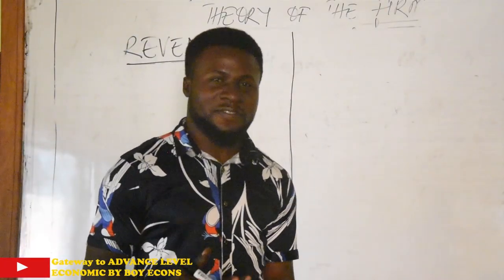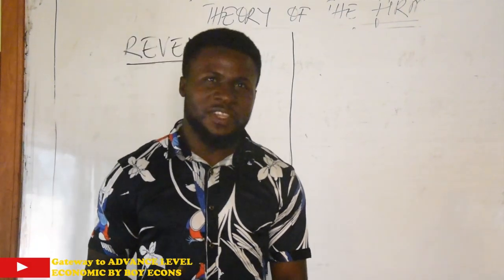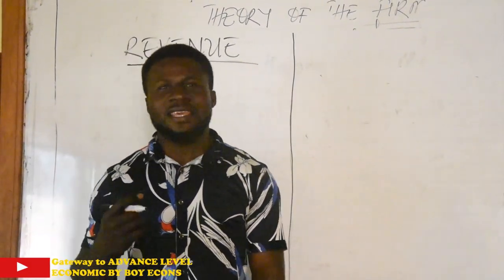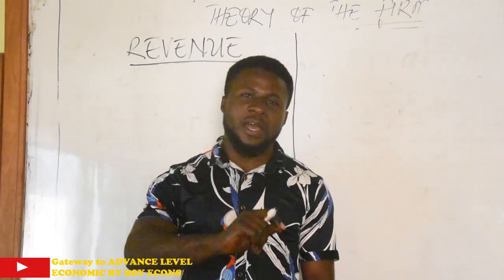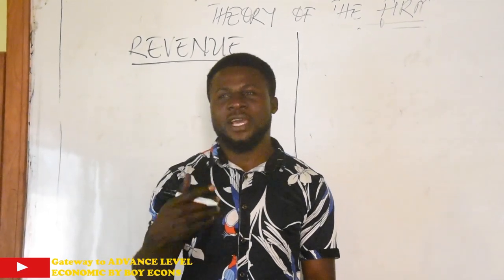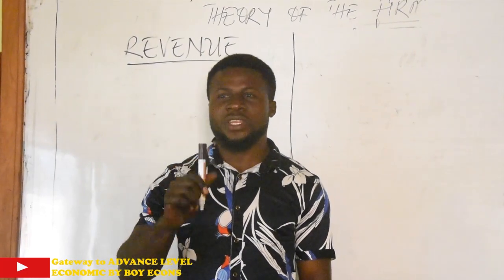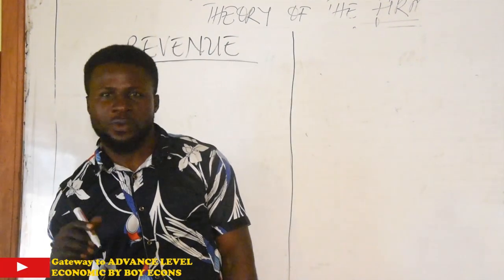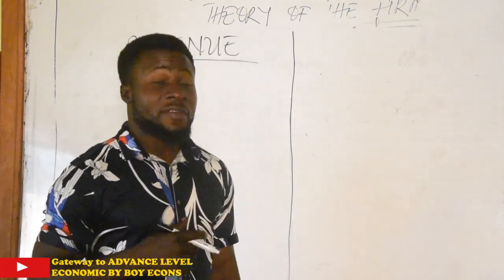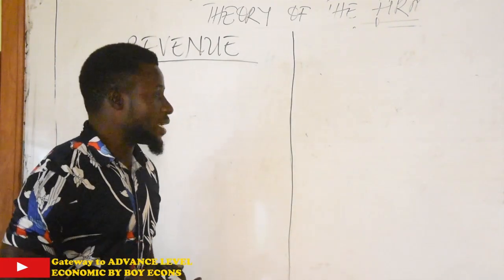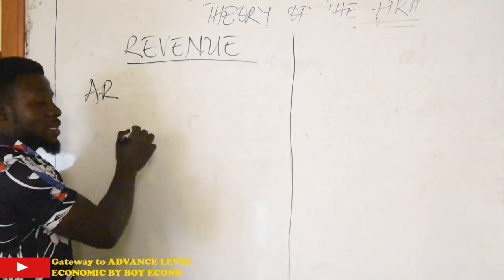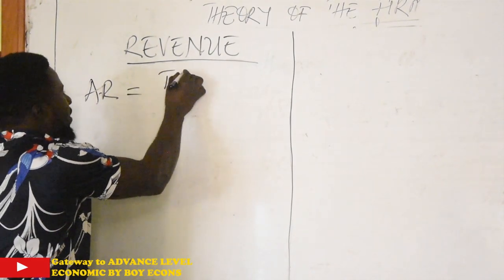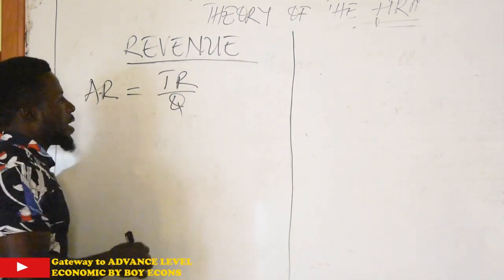So we also have average revenue. And average revenue is the income that a firm generates on each unit of output. The income that you get when you sell a single unit or individual unit of output. And average revenue is simply calculated by, we will be abbreviating it as AR, total revenue divided by output.